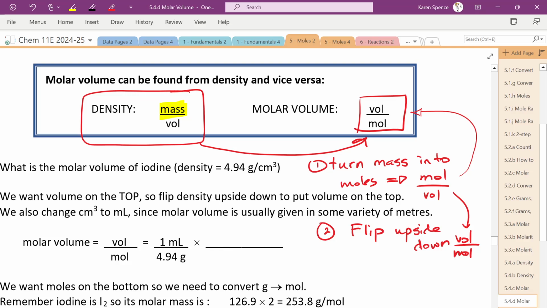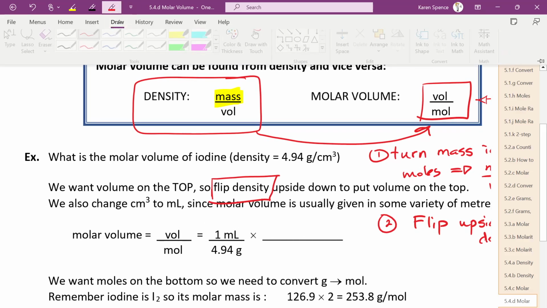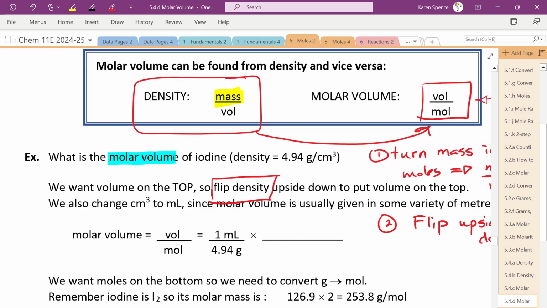All right, so say for example, this one, I did this in the opposite order. I flipped the density. Our question here is, what is the molar volume of iodine, which has a density of 4.94 grams per centimeter cubed?